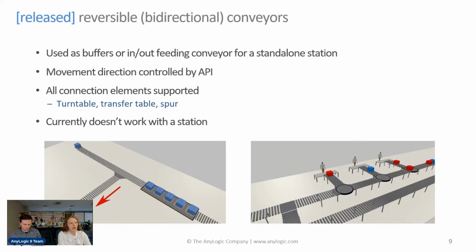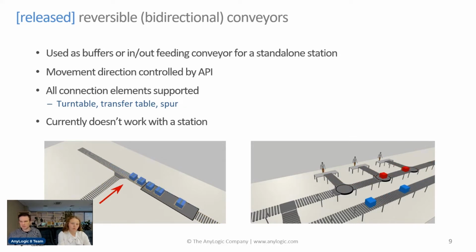You can use it to model buffers inside conveyor lines, as well as conveyors that infeed and outfeed stations located a bit aside from the main line. To reverse a conveyor, it should be defined as reversible, and after that, these conveyors can be reversed in model runtime by using the API.